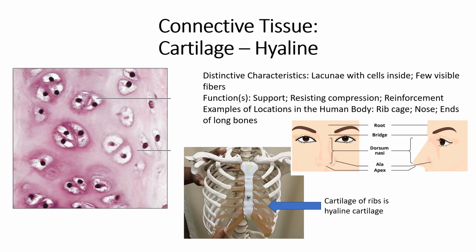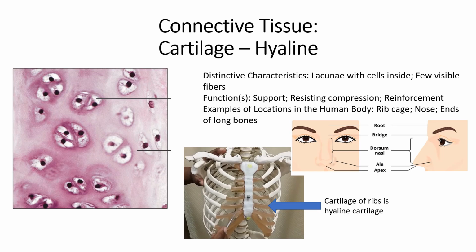So for cartilage, and then later when we look at bone, you will see the lacunae structures. They're more prominent when we talk about cartilage, but we'll also see them to a lesser extent when we look at bone. So when it comes to being able to distinguish cartilage from, say, connective tissue proper, if you see these large white structures with the dark stained nuclei inside, right?